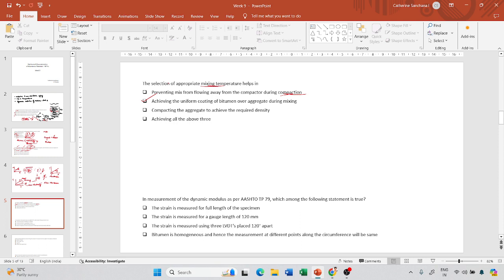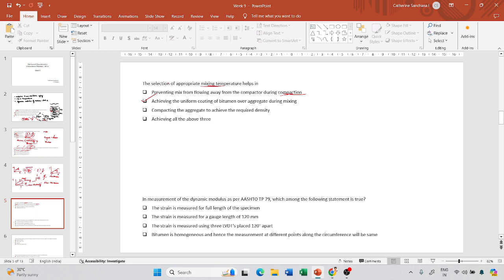It is just an arbitrary value, or it is assumed that whatever mixing temperature you choose provides a uniform coating of 10 microns around the aggregates, right? So a selection of appropriate mixing temperature will help you to achieve a uniform coating of bitumen on the aggregates during mixing.